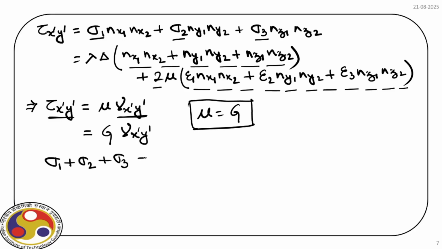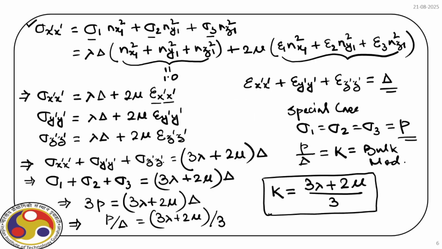This we have already derived, and if I write down the expression, it is delta times 3 lambda plus 2 mu. This is the expression we derived when we evaluated the expression of bulk modulus.